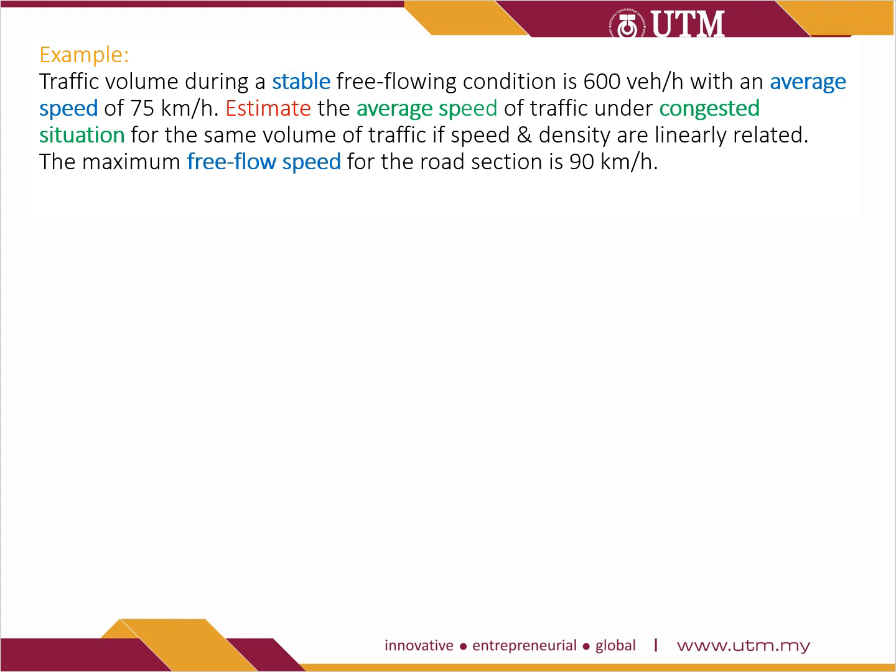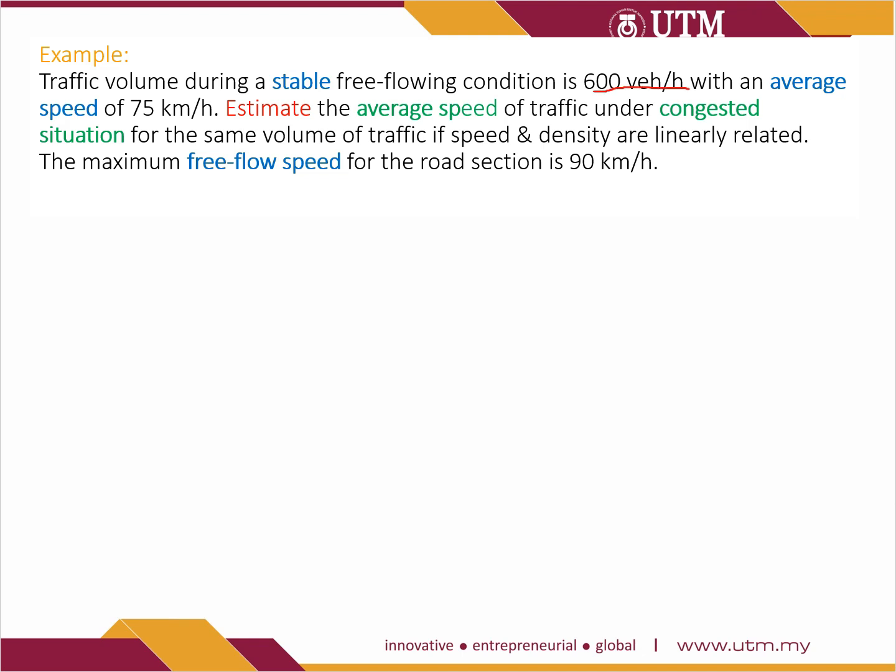Let's take a look at one example. Traffic volume during a stable free-flowing condition is 600 vehicles per hour with an average speed of 75 kilometers per hour.